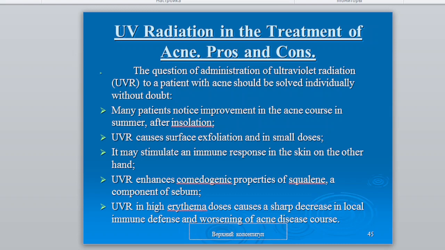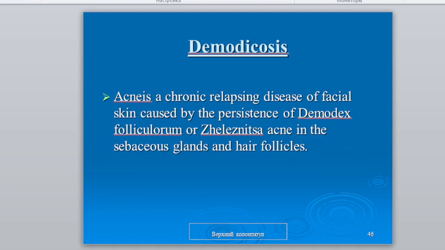Acne is a chronic relapsing disease of dermaticosis.